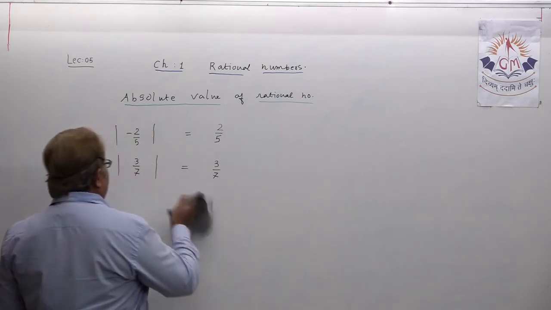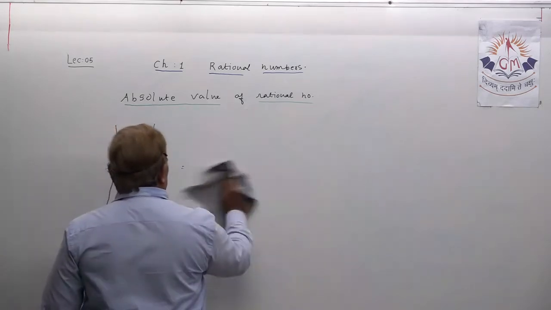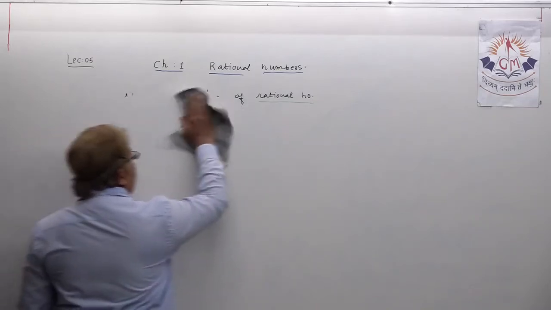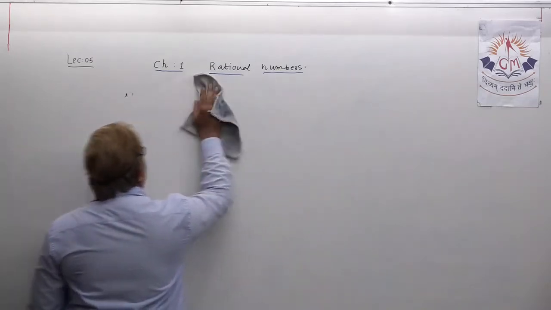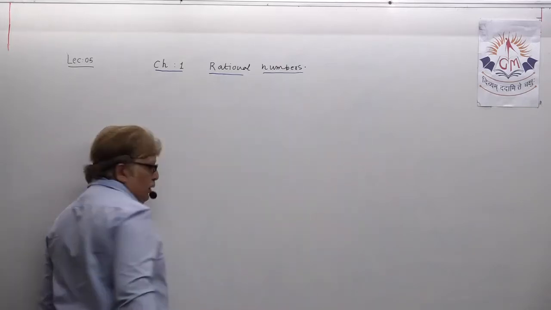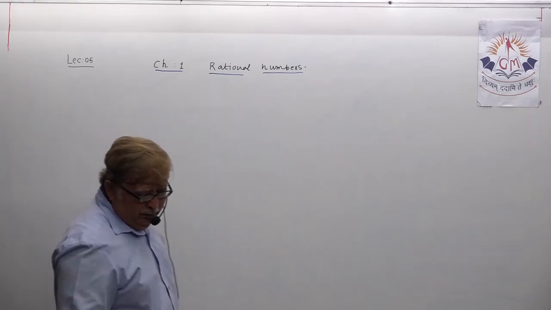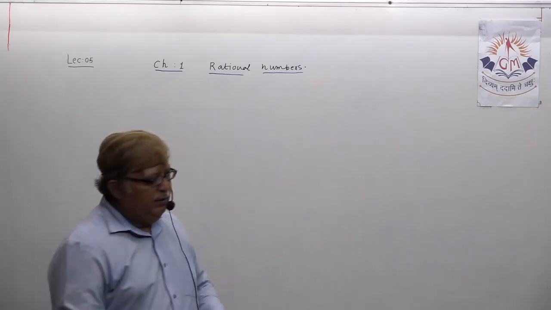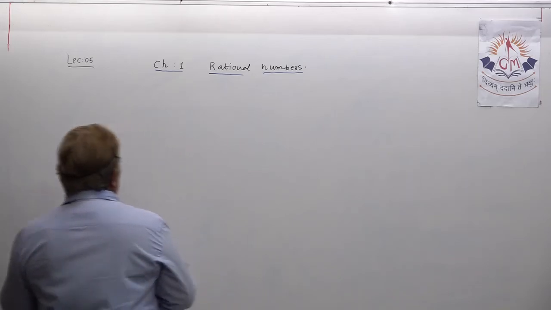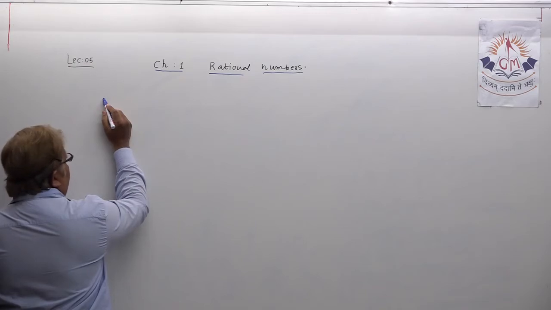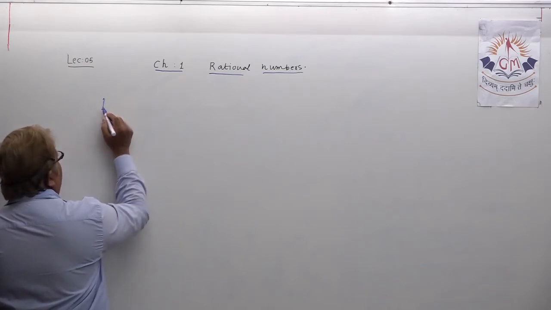Now we are going to solve some examples which will definitely involve the absolute values of rational numbers. Let us write one example here, example number 1.